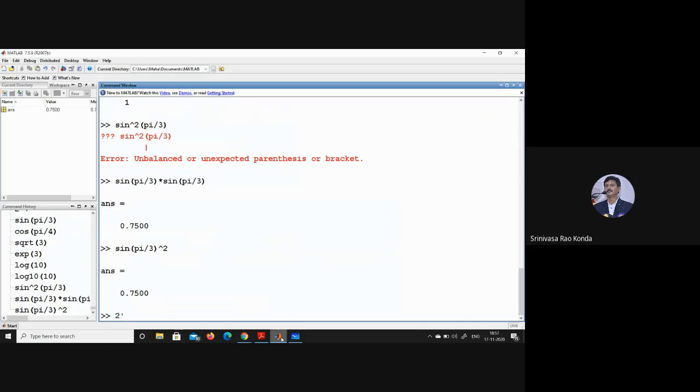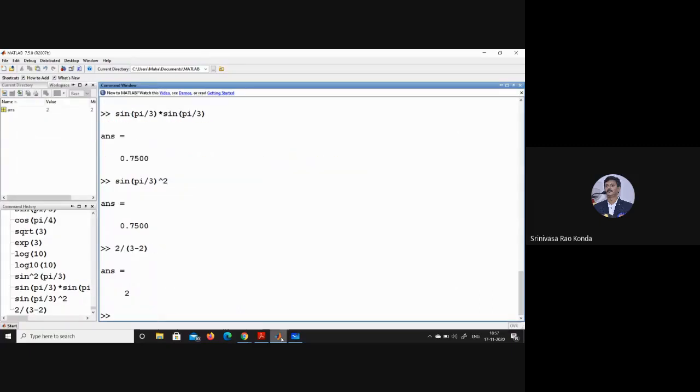Whenever we have more than one value in the denominator, we have to use brackets. Then only it calculates the correct value.